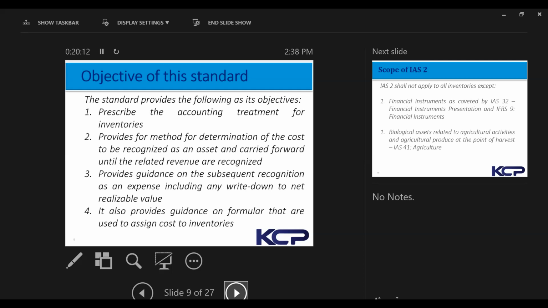We now find out that due to factors beyond our control, not influenced or induced by us, the realizable value has now appreciated to 120. You cannot recognize 120. You can only write it up to the cap of what it was originally. Do you understand? Now it is 15, not 20. 85 before, from 100 to 85.